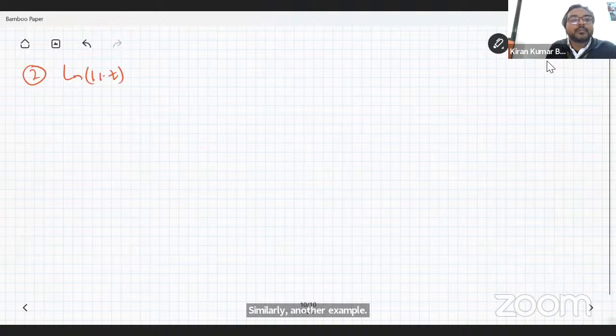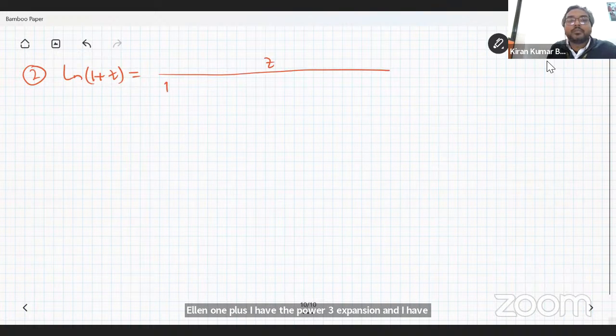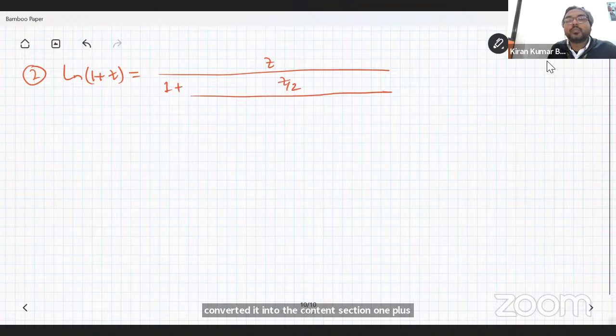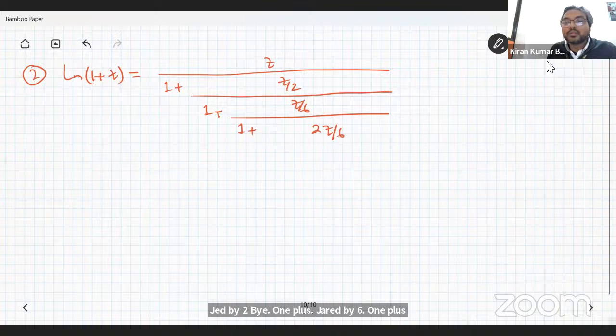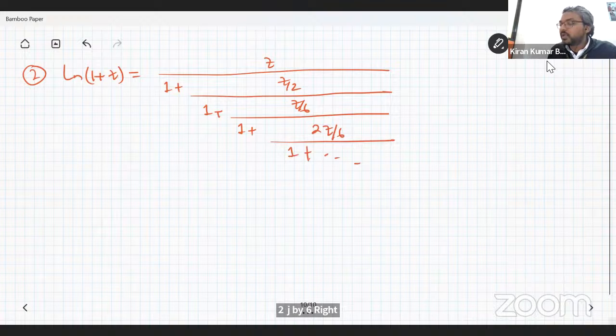ln(1 plus z). I have the power series expansion and I have converted it into the continued fraction: 1 plus z by 2 by 1 plus z by 6 by 1 plus 2z by 6 by 1 plus, and it goes on like this.